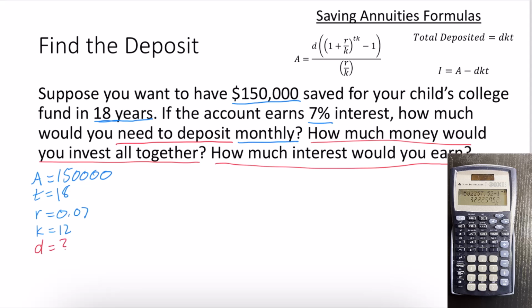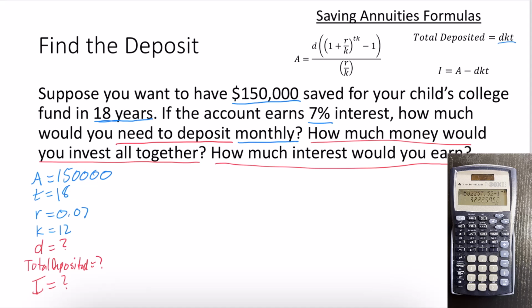And then how much money would you invest altogether? That's the total deposited that we want to find. And the interest that we would earn is also something we're looking for. So in this problem, in order to find the total deposited, we would need to know what D is.